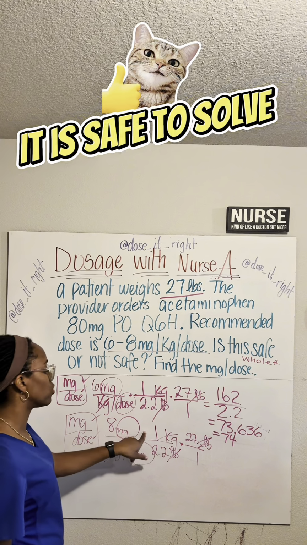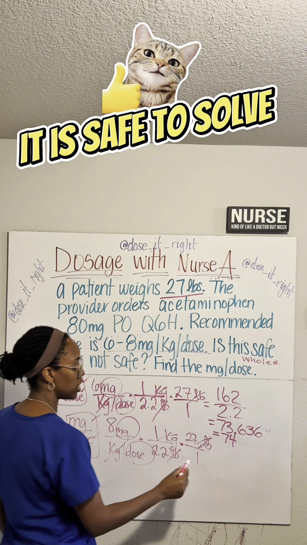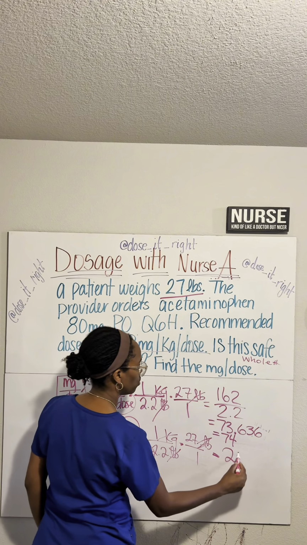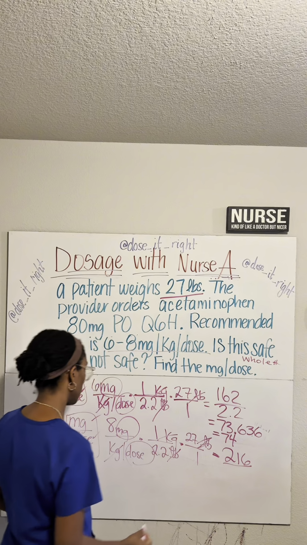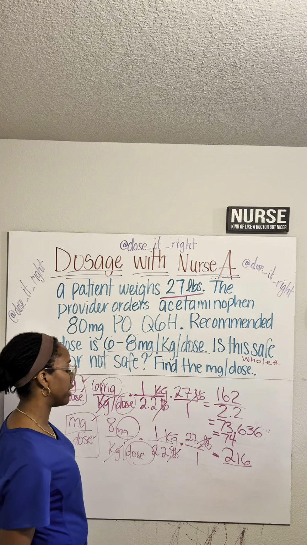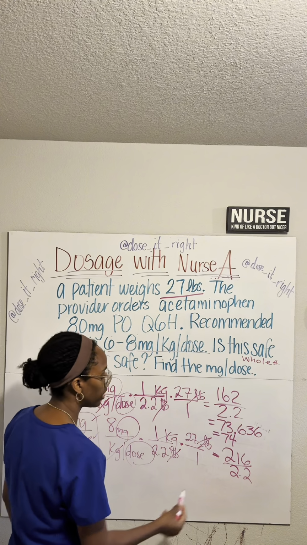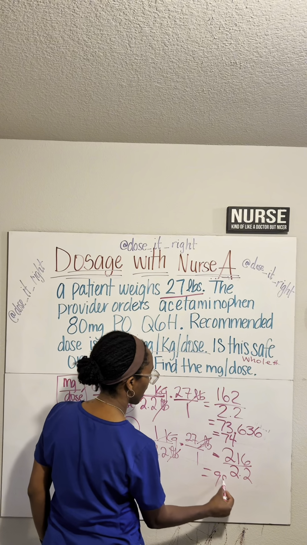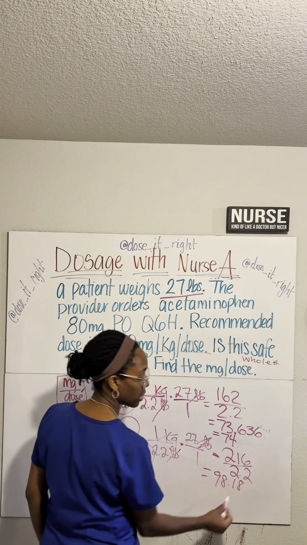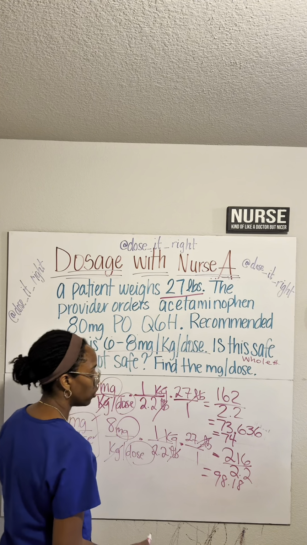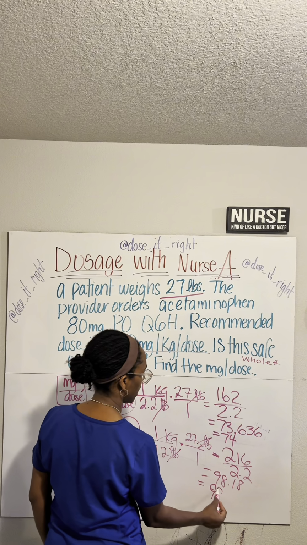So 8 times 1 times 27 equals a total of 216. 1 times 2.2 times 1 equals 2.2. So this will equal a total of 98.18, which, if you round to the nearest whole, is going to equal 98.